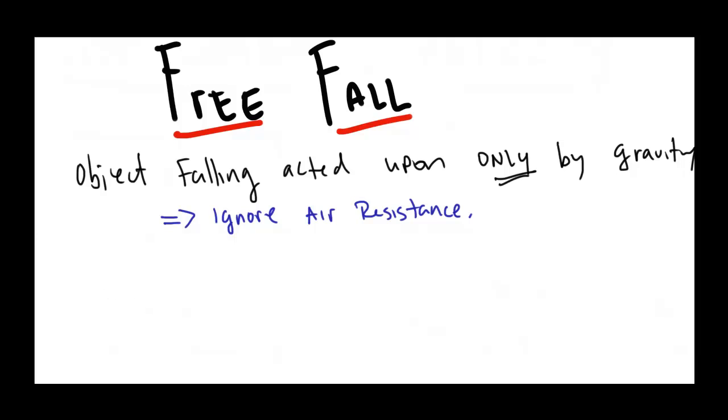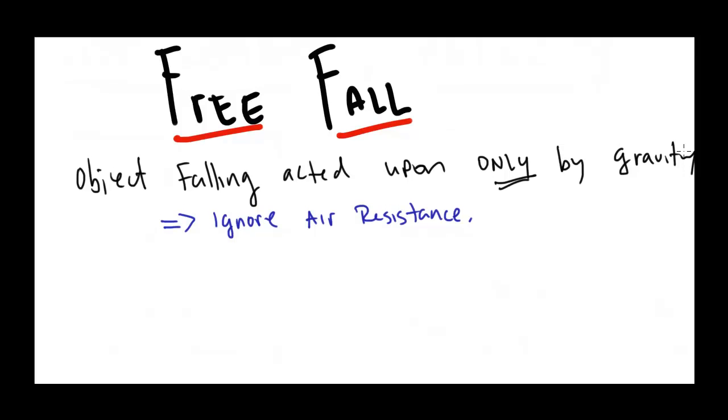And it turns out, under certain circumstances, you have to make a few caveats, but on Earth, if we assume certain things to be true, such as an object falling from a reasonable height. In other words, we're imagining an object that's falling from maybe several hundred feet to the ground, as opposed to 50 miles up and falling to the ground.